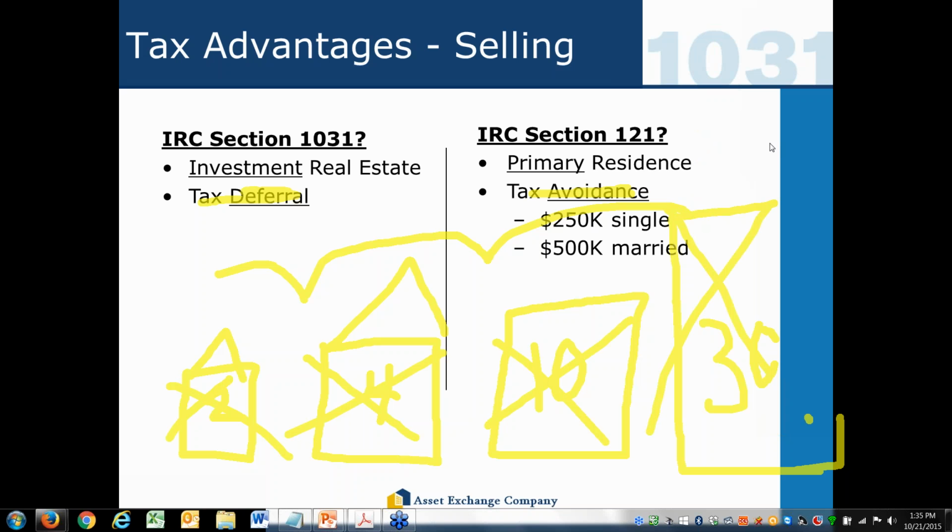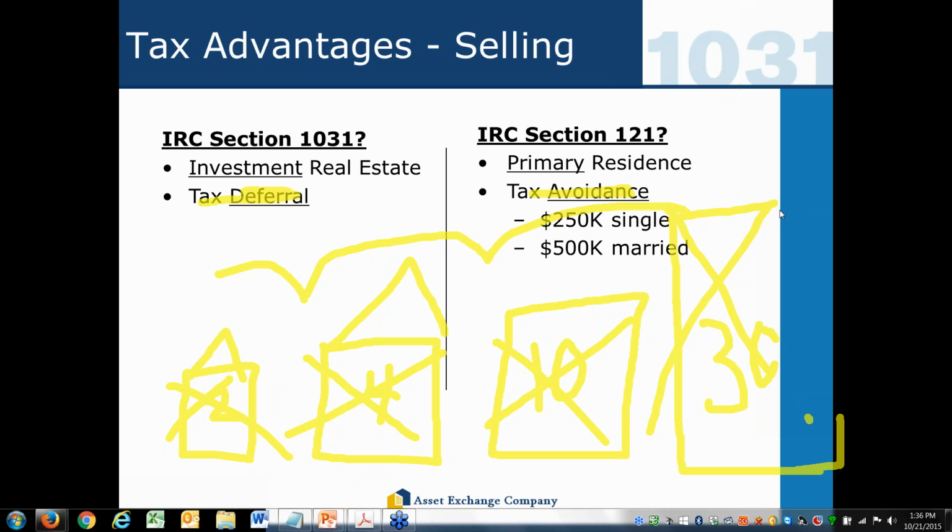So what you've done here is you've built a giant snowball of taxes that has gotten bigger and bigger and bigger with every transaction because you've been successful. Right? You've made a big profit on all of these sales, but you've deferred the tax liability on those profits or gain because you've done exchanges.